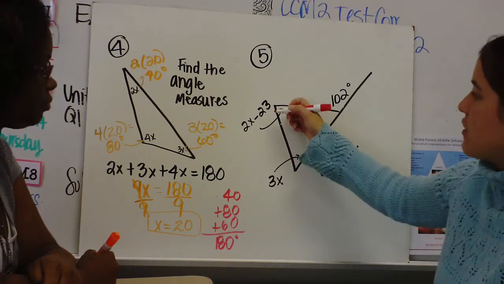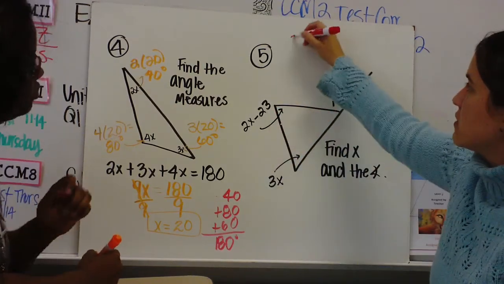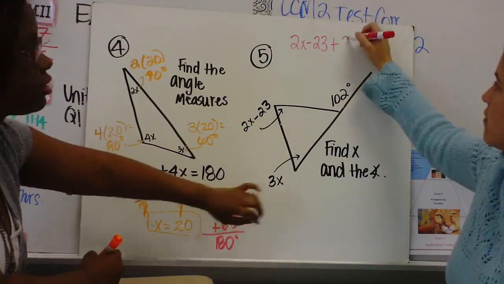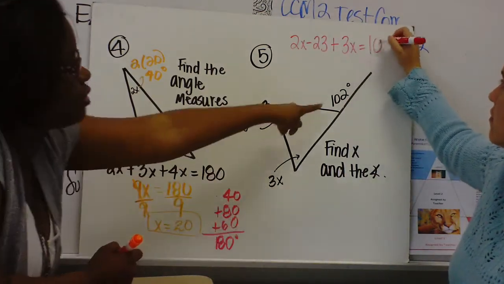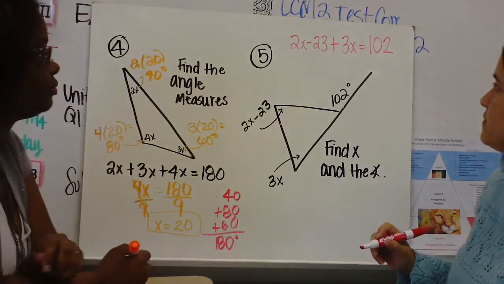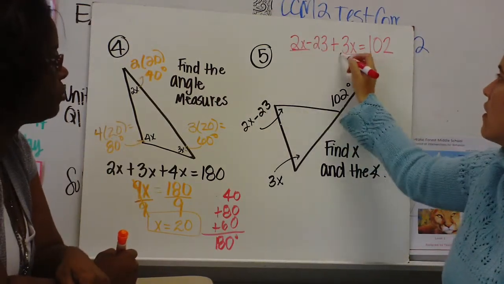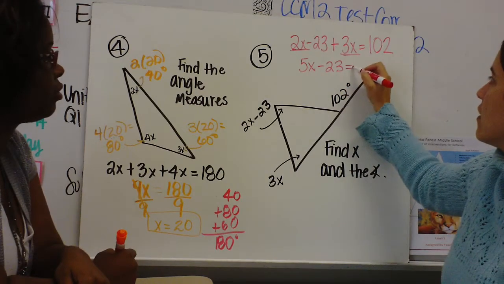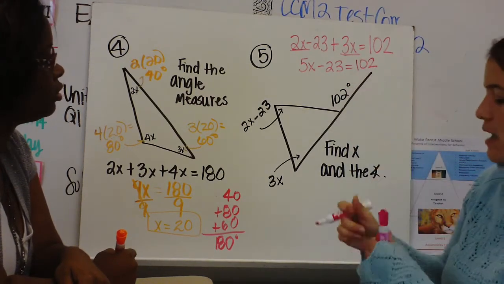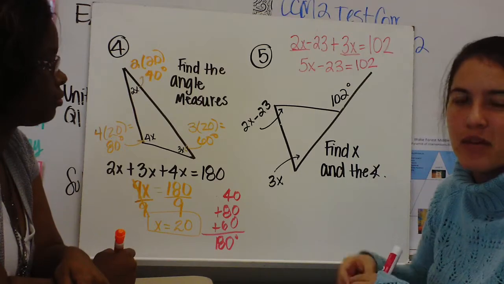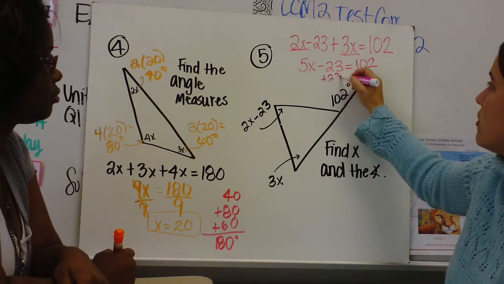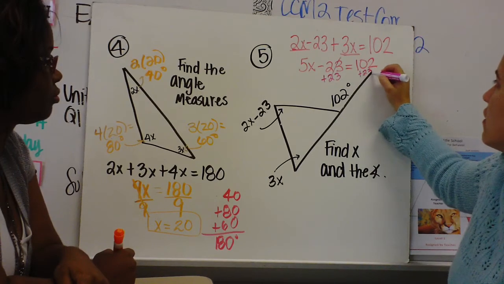So I need to add these together. 2x minus 23 plus 3x equals the exterior angle, 102. So we're going to simplify. It's 5x minus 23 equals 102. And now I have a two-step equation. Now maybe you see the importance of solving equations, because it's going to be everywhere.